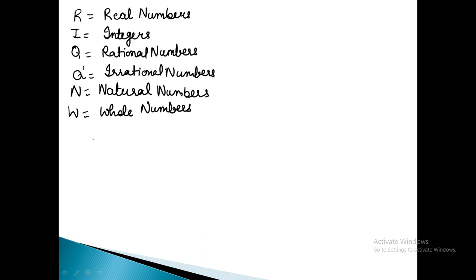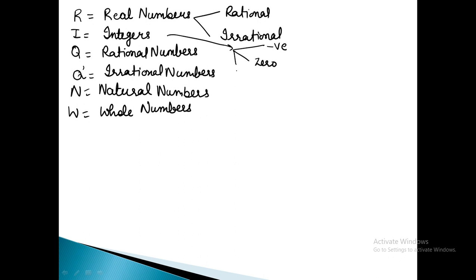Now first, real numbers. Real numbers are a combination of rational and irrational numbers. And integers are a combination of negative, 0 and positive numbers.